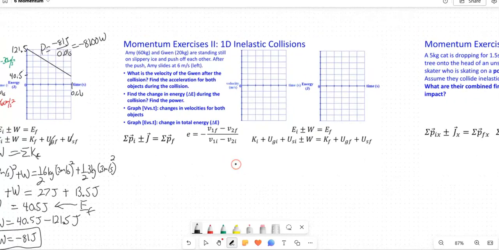This one is an explosion problem, and we already did this in the 6.1 lecture. It's the Amy and Gwen problem, but we're going to do it again because it's a good explosion problem. All right, so you have Amy, who is 60 kilograms, and you have Gwen, who is 20 kilograms.